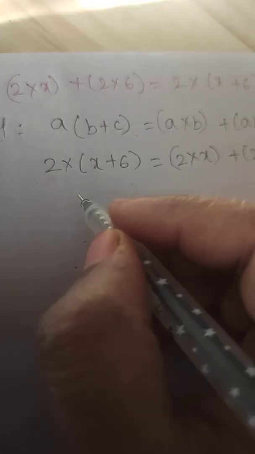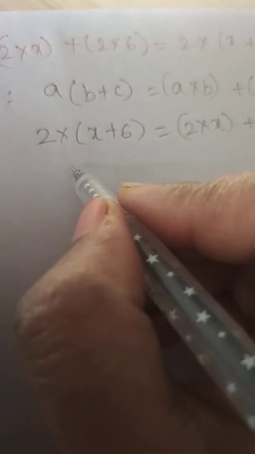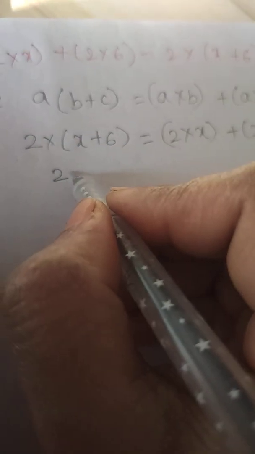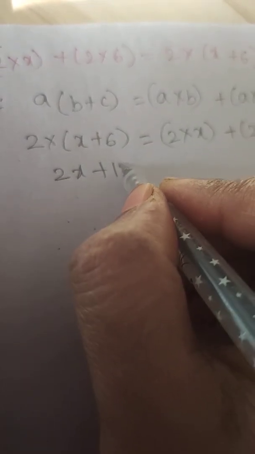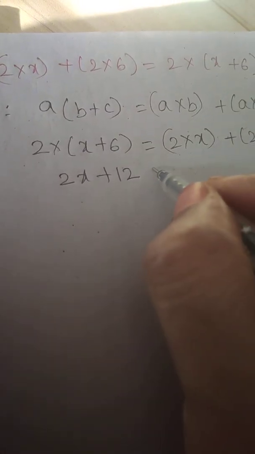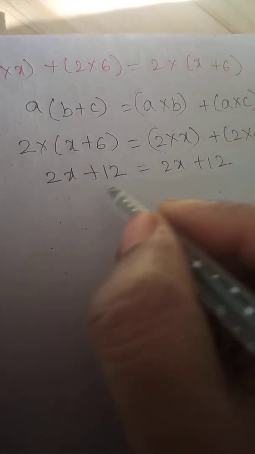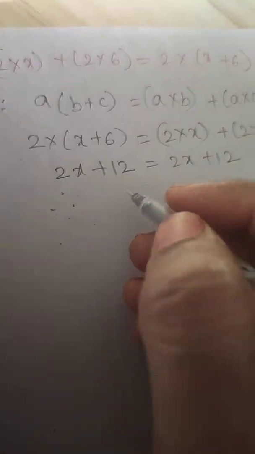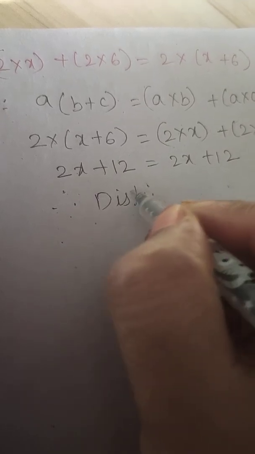Okay, it becomes 2x plus 2 into 6 is 12, 2x plus 12, both are equal. Okay, therefore it is satisfying the distributive property.